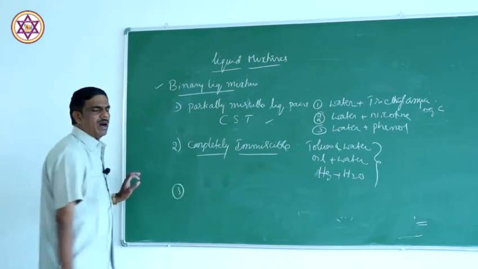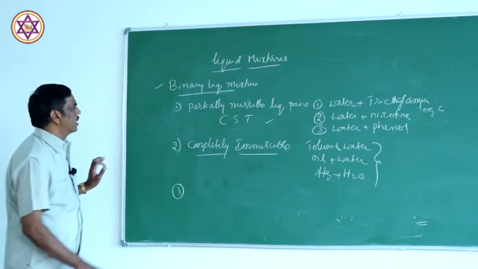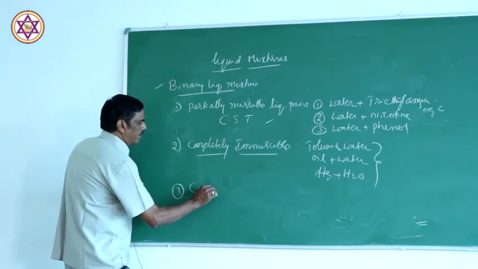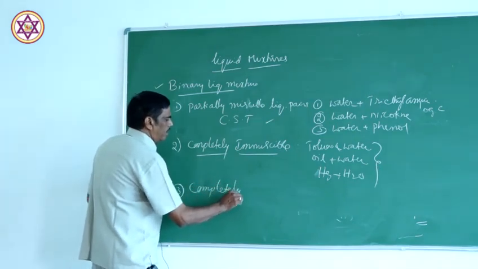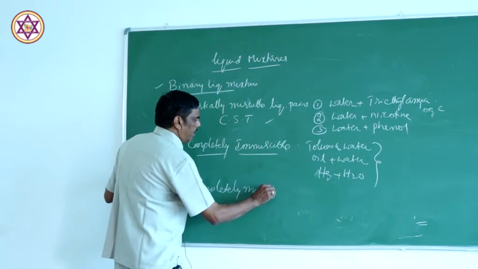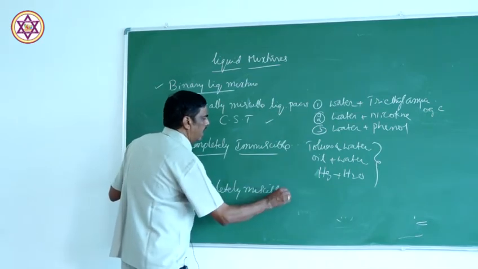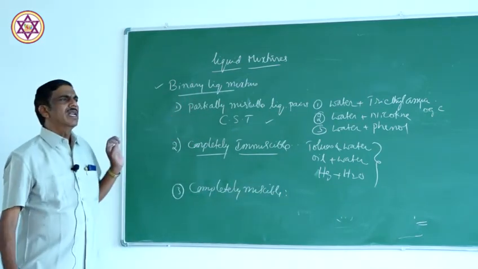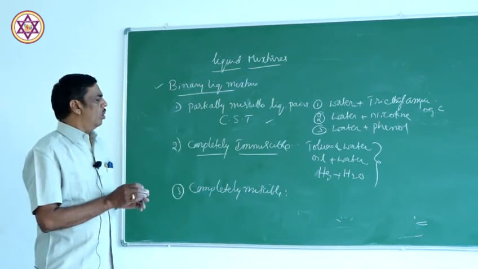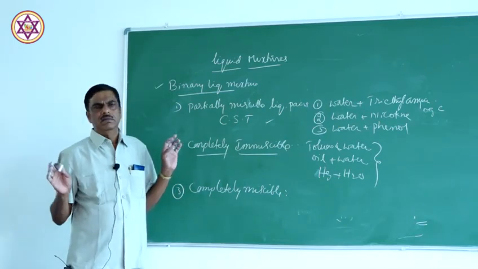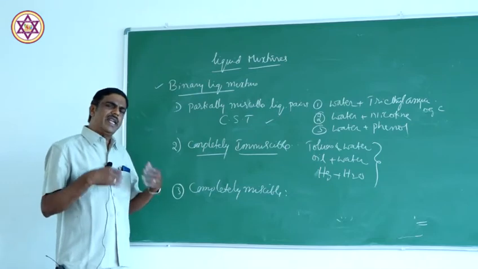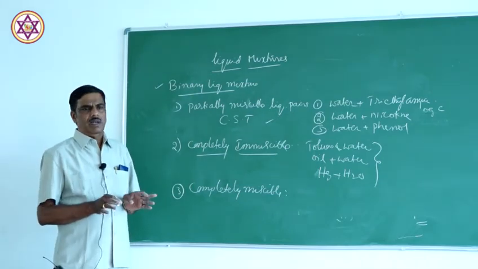The third type of binary liquid mixture is completely miscible liquid pairs. In these completely miscible liquid pairs, there is no hindrance at all. At any proportion, at any temperature, they are completely soluble.